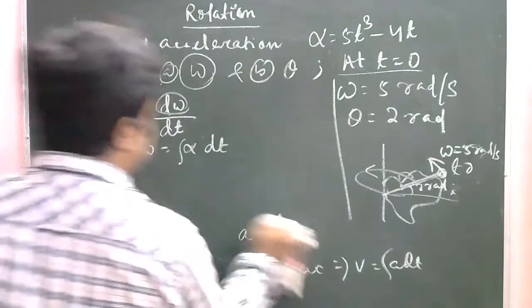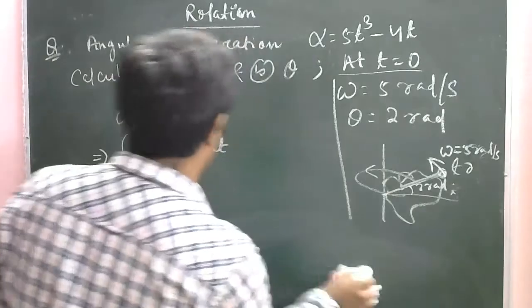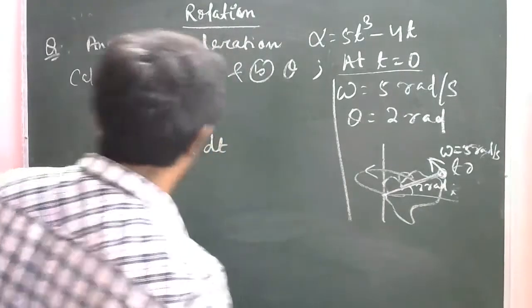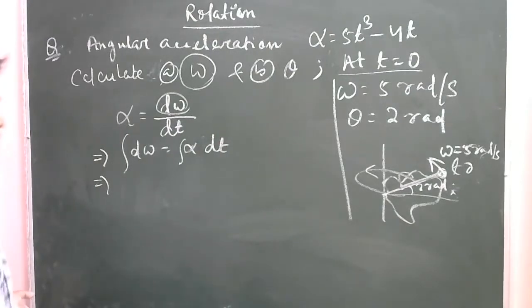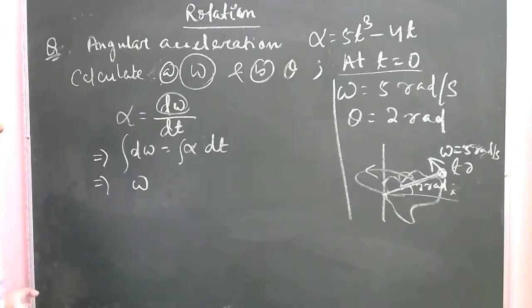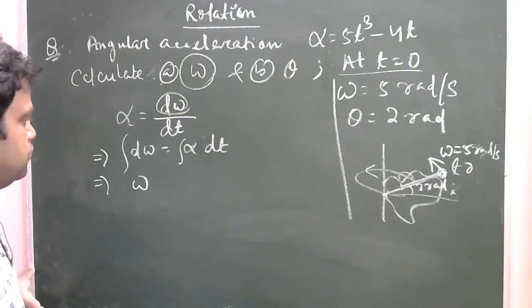This type of question comes up many times in different entrance examinations also. Now you see. The integration of d omega is omega, right? Integration of dx is x. You should know this.